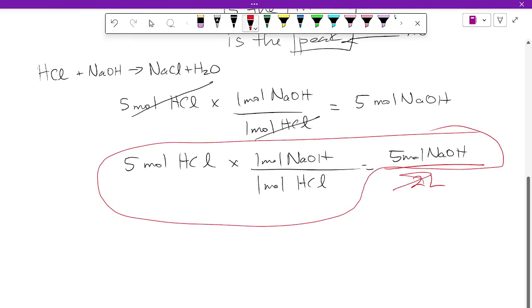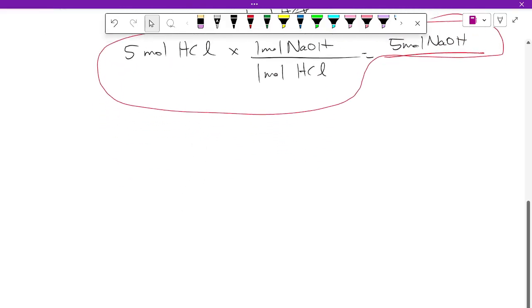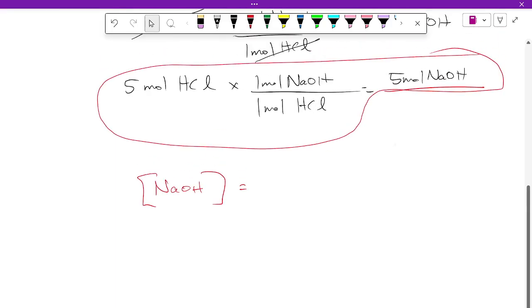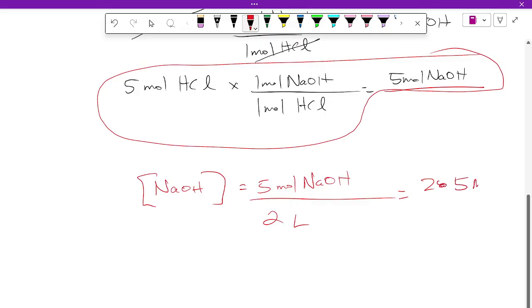You would have to do that on the next line. You would have to say concentration of NaOH is equal to 5 moles of NaOH divided by 2 liters, which is 2.5 molar. And you can see 2.5 molar is not the same as 5 moles. They're different, so not equal. So watch out that you're always writing things that are true.